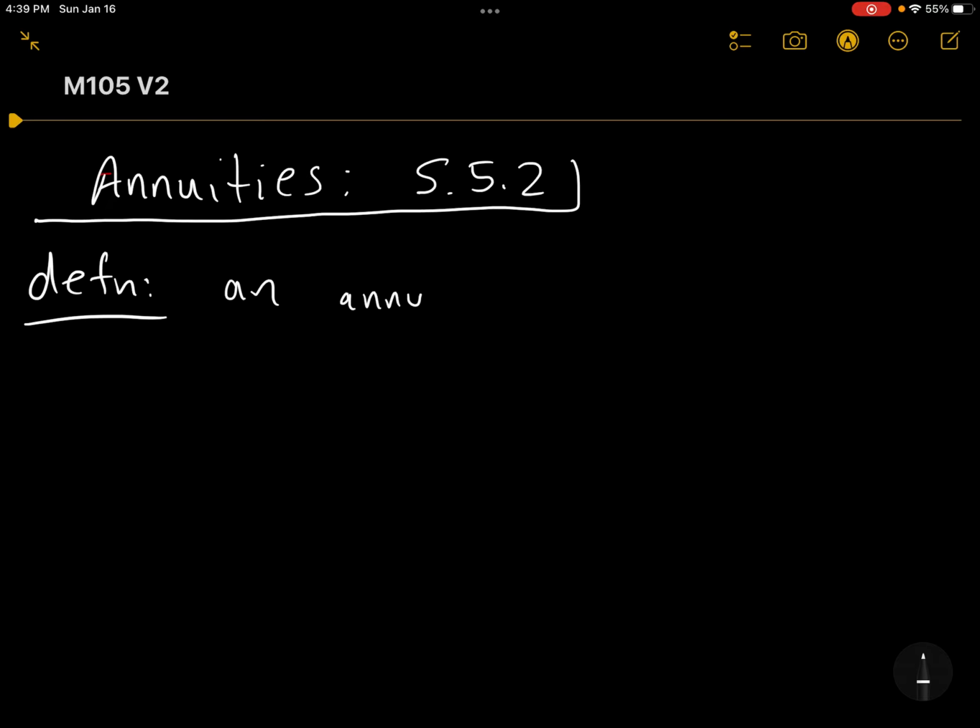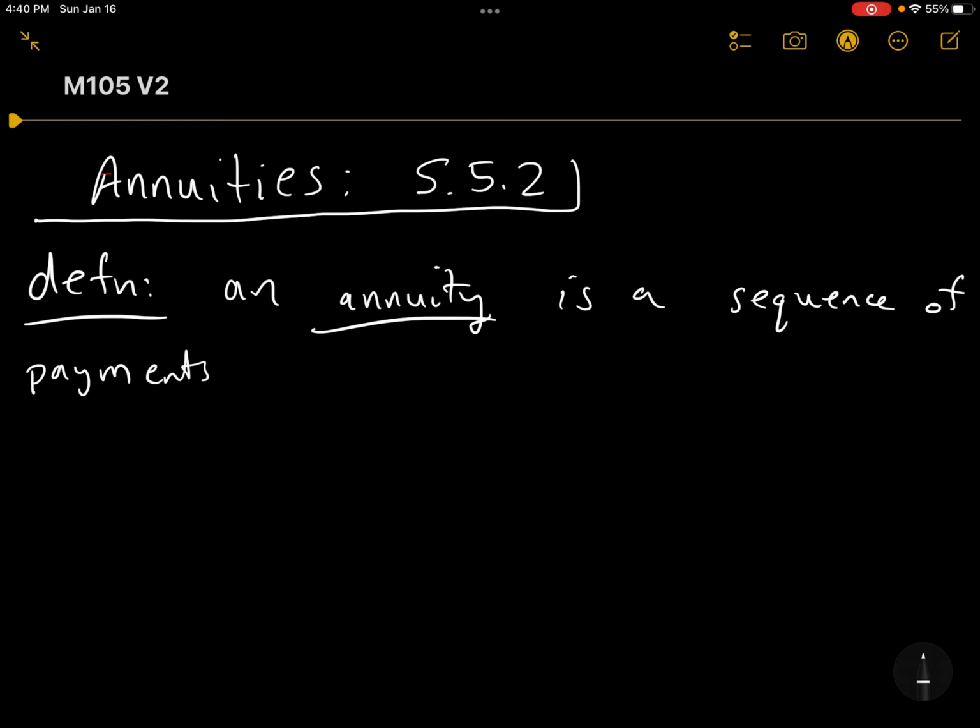An annuity is a sequence of payments made at regular time intervals. This time period is called the term.